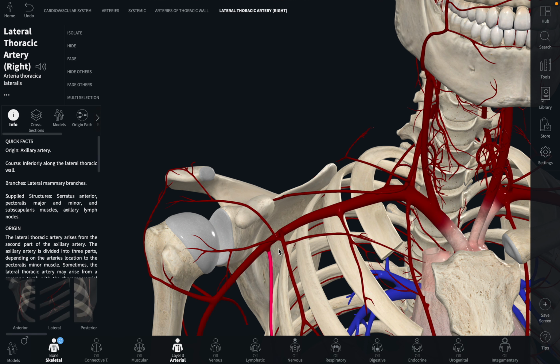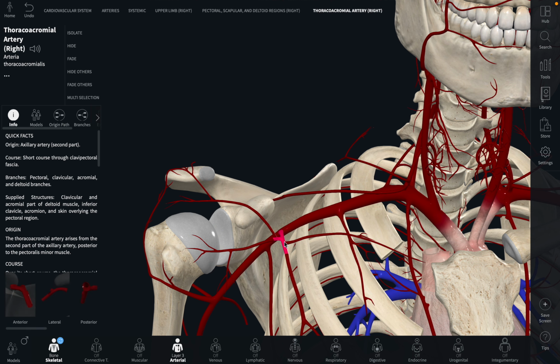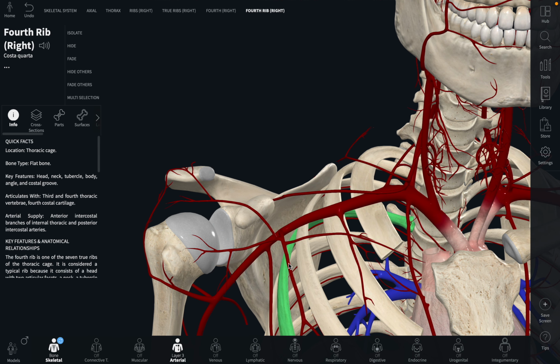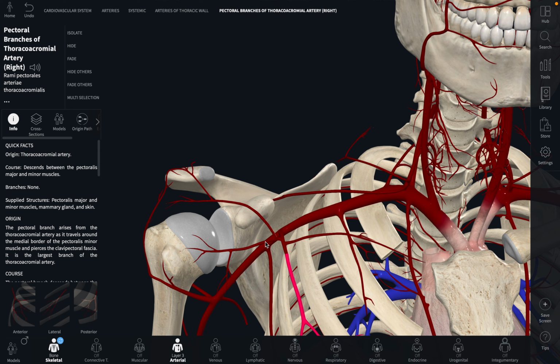So the second part of the axillary artery will give you two branches, as I said earlier. One of them is the thoracoacromial. See, this artery is very important. This thoracoacromial will now give you another four branches. See, it's very easy. Another four branches.